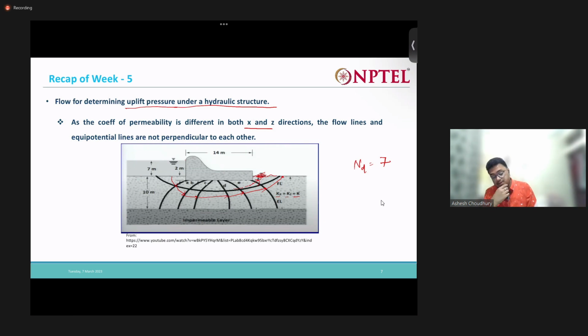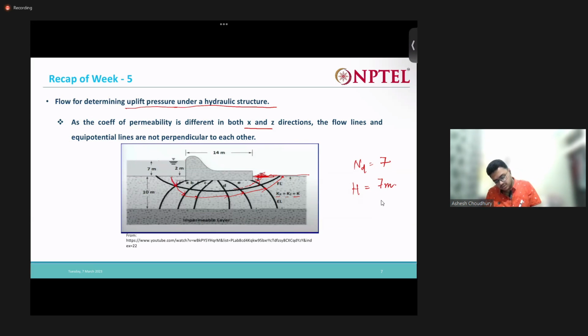Now what is the head that is being lost? Here the head is 7, and at the tail end the head is 0. So the total head lost is 7 meters.